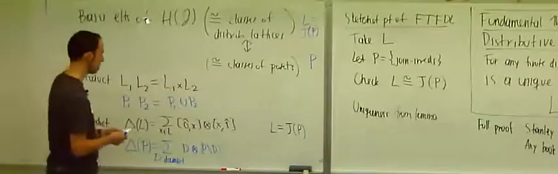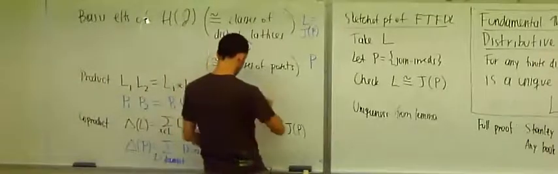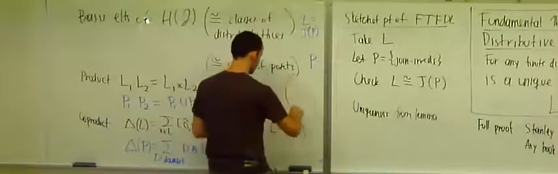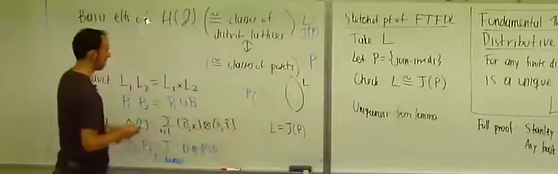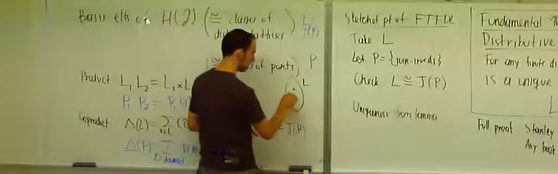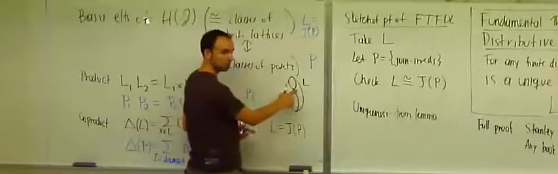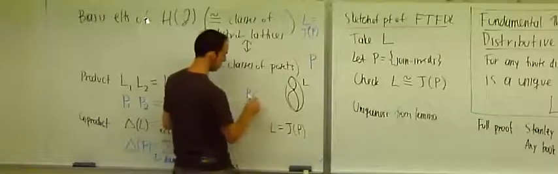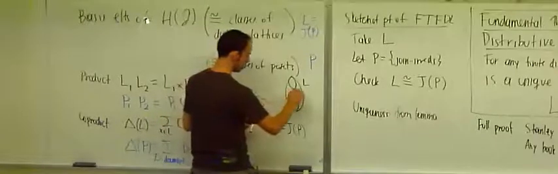Why is that? Because let's draw the two pictures side by side. So here's P, and here's L, which is a lot bigger. These are the order ideals of this. The coproduct is going to an element here, and then going from here to here, and from here to here. Okay? An element here is a downset here. Right? Okay?